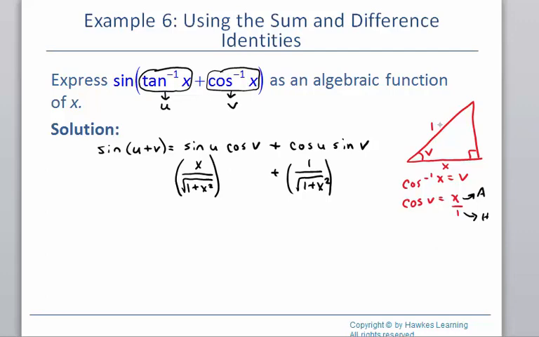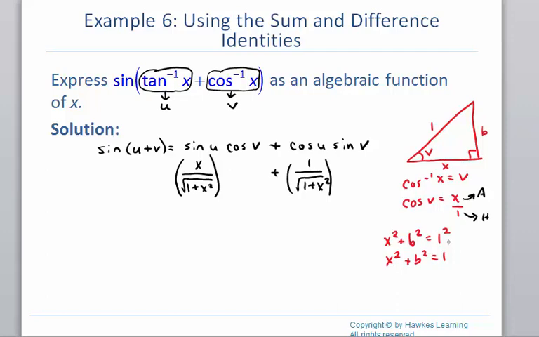All right, so let's find the missing side. So we'll do Pythagorean again. So we'll say x squared plus, let's call this missing side b, b squared is equal to 1 squared. So I have x squared plus b squared is equal to 1. Remember that you're solving for b.